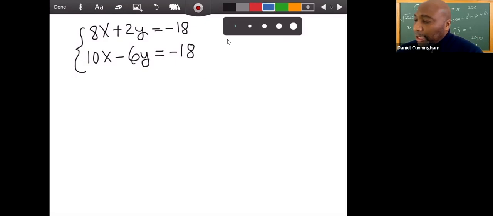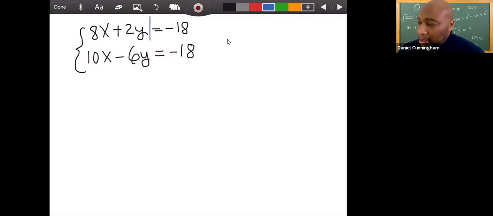Looking at my y's, I have a 2 here and a -6 here. I need to make them the same number with opposite signs, so when I add, it eliminates them.